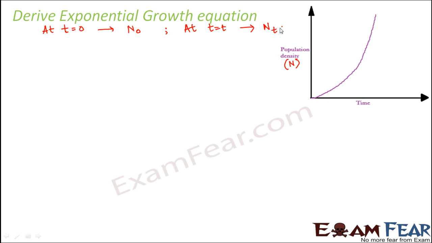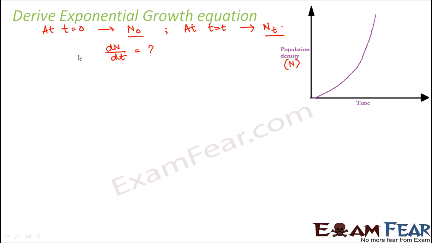Now, this increase from N naught to Nt would have been huge because the population is growing exponentially. So what would be dN by dt? That is what we are interested in, that is, how fast the population is growing.